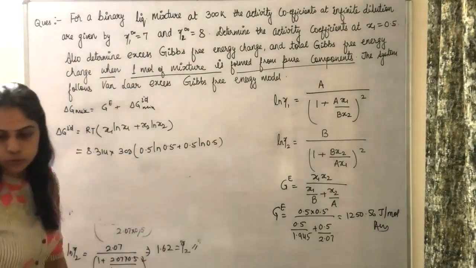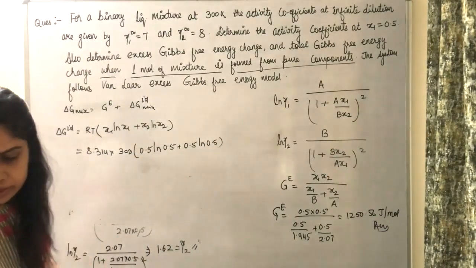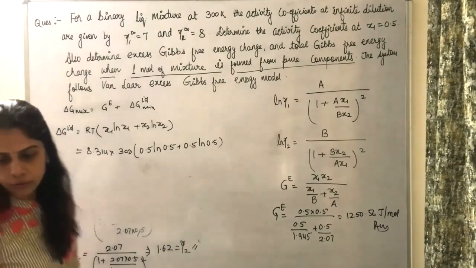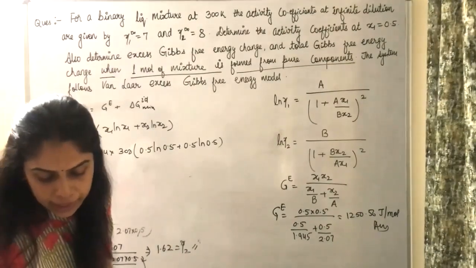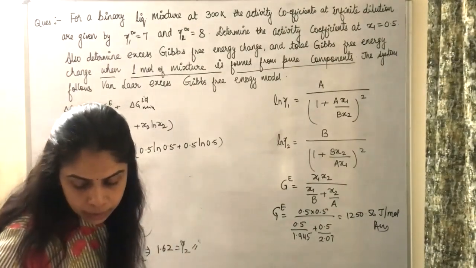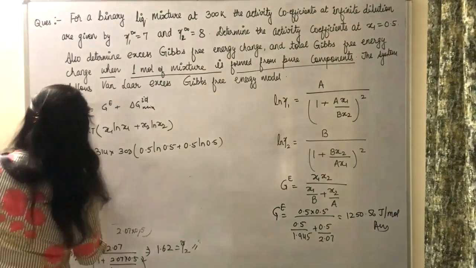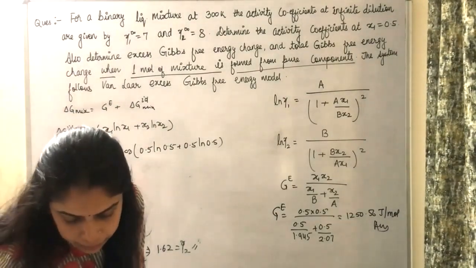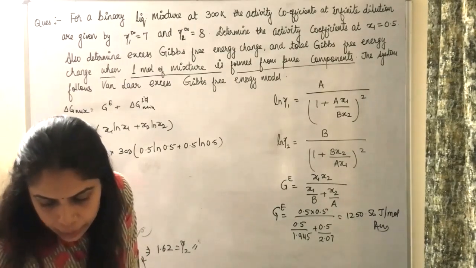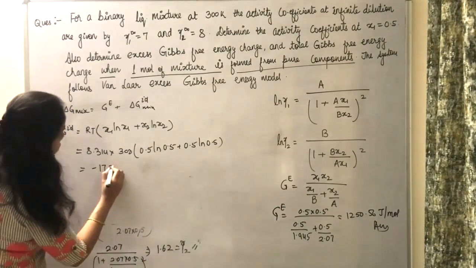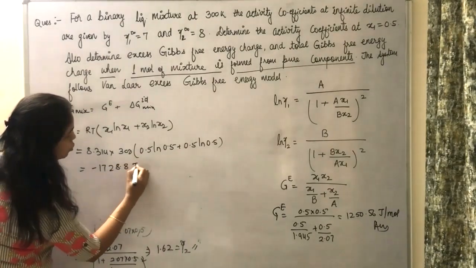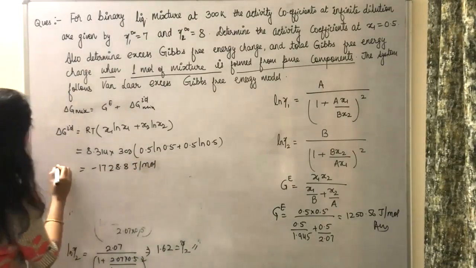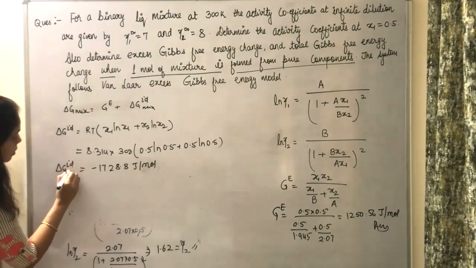When you solve this, you get delta G ideal equal to minus 1728.8 joule per mole. So now we have two values.